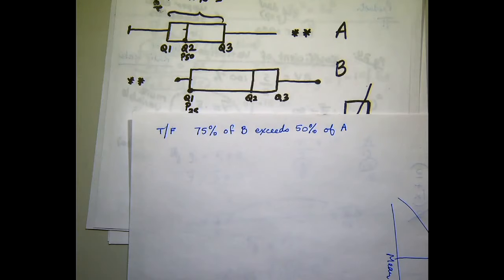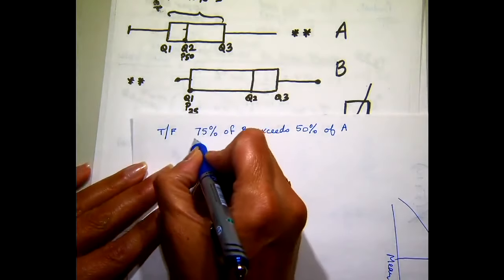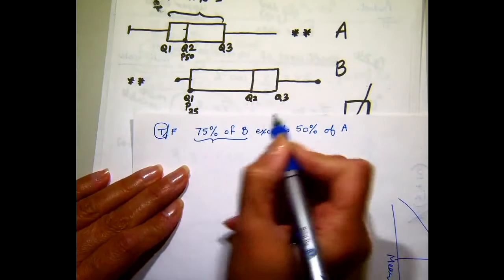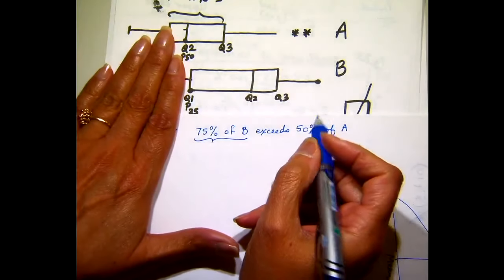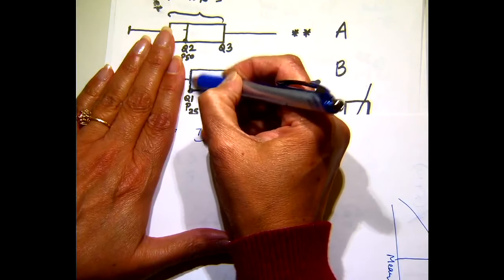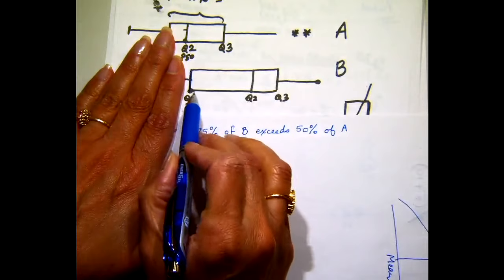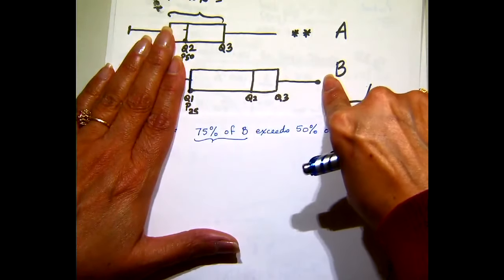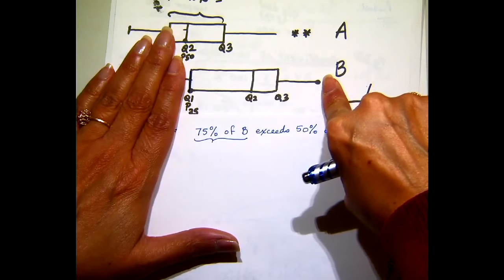It's true. I'm talking about this 75% of B right here, starting here. Since this is Q1, it's P25. That means to the right of Q1 lies 75% of B's distribution.